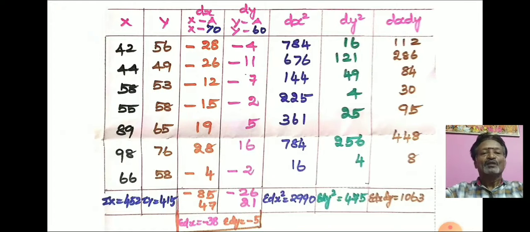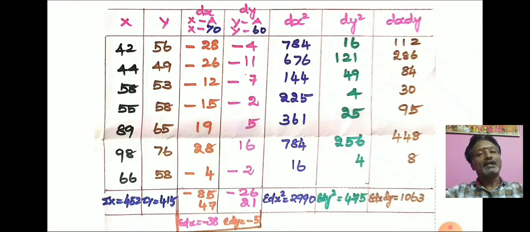59.29. So here if the x bar and y bar values are not in fraction, you can take the same x bar and y bar value for taking the deviation value.